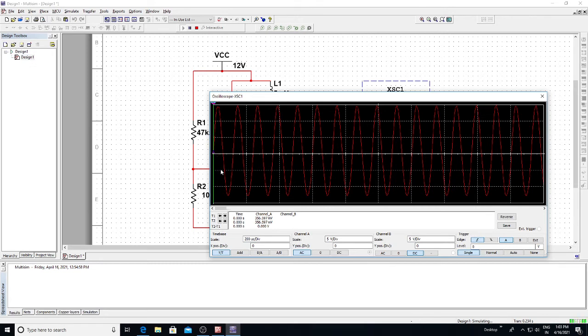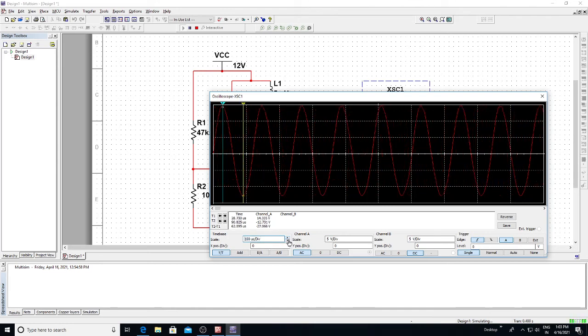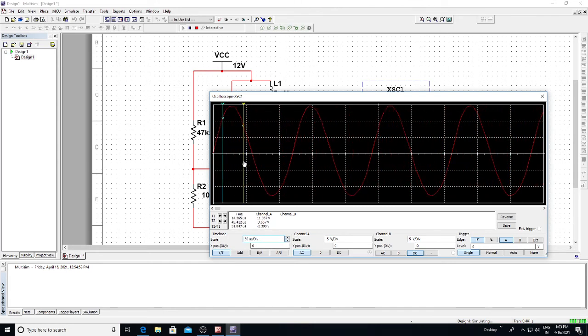Similarly, you also take the time period by placing the two cursors here. This is cursor 1, this is cursor 2. So if you want, you can decrease the time period. This is cursor 1 which we have placed, and this is cursor 2.